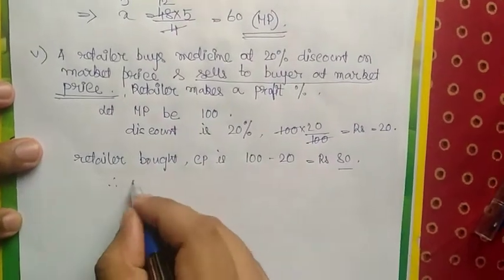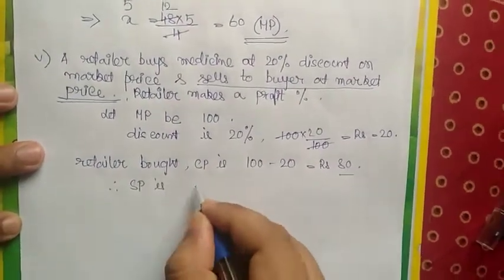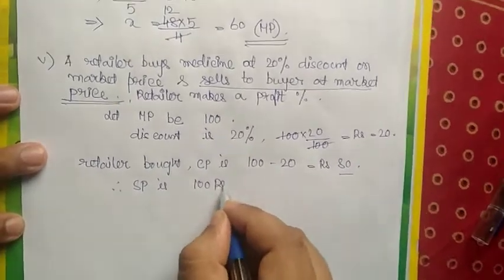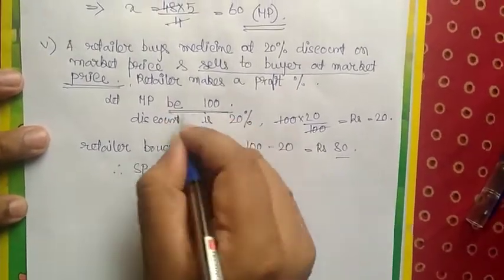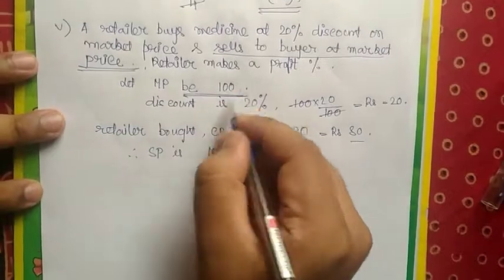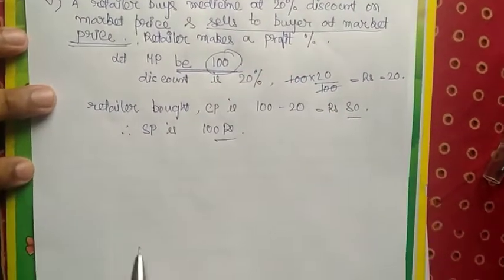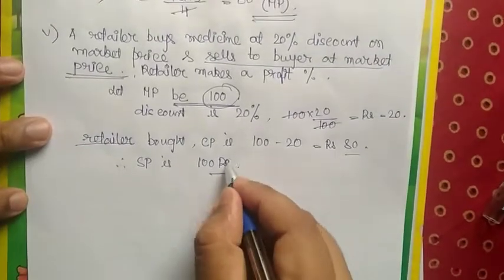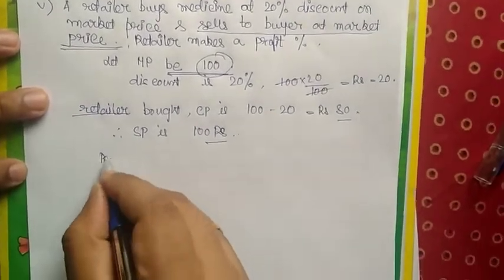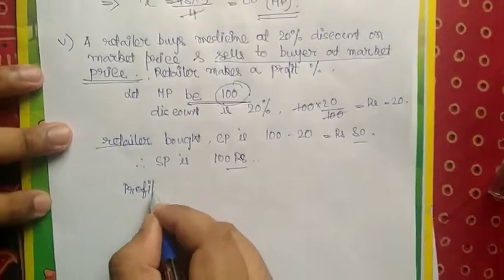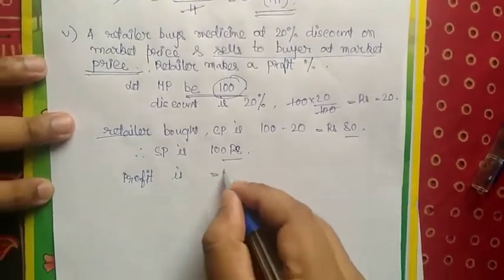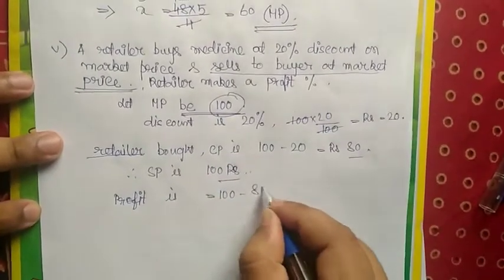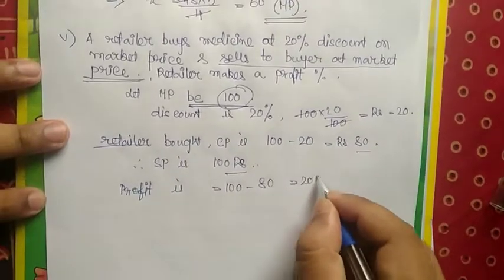So therefore SP is 100 rupees, because we assumed the market price is 100 rupees. So the retailer bought it at rupees 80 and sold it at 100 rupees. So therefore profit is 100 minus 80 equals 20 rupees.